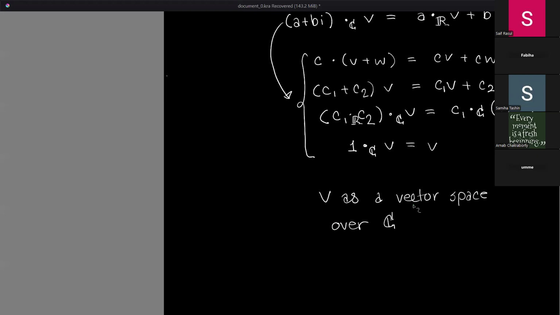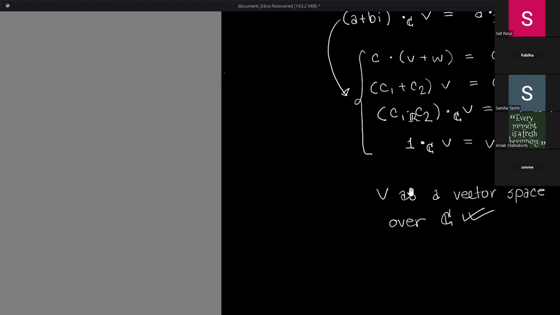If you really wanted to be thorough, you would check all of the axioms of the complex vector space. But intuitively we have a sense that the addition will not be messed around with, so mainly what we want to check is that the complex scalar multiplication works the way we expect. Since that is satisfied, V must be a vector space over C, because it's a structural definition. As long as it obeys the axioms, it must be that structure. So we know that V is a vector space over C.